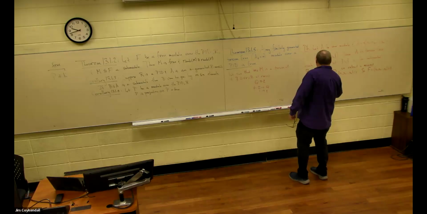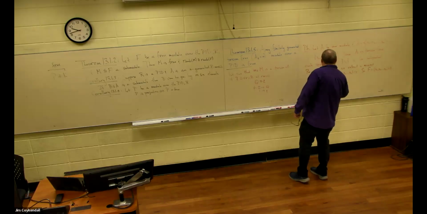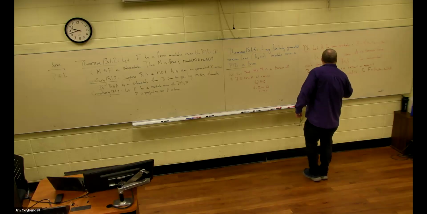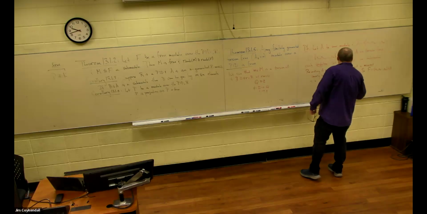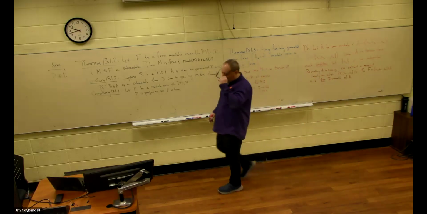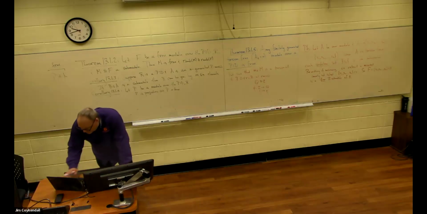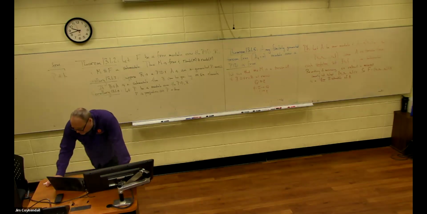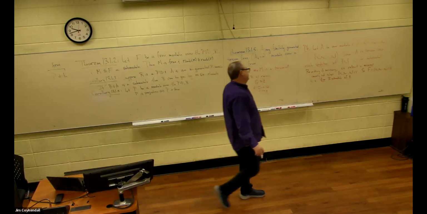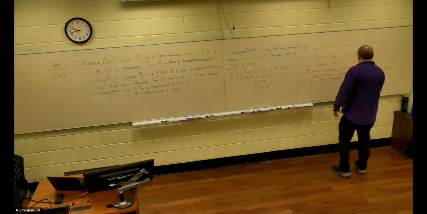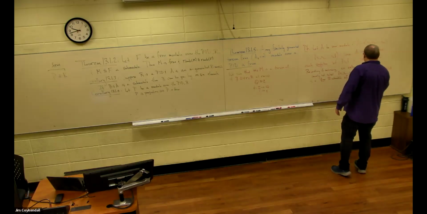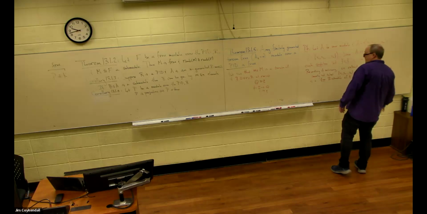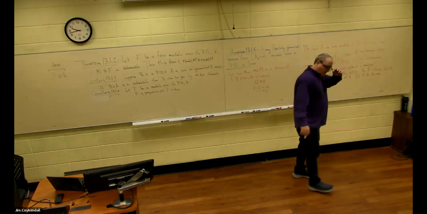It is a free R-submodule of A. That maximal linearly independent set generates some free submodule of A. And let me point out, if F equals A, then we're done.